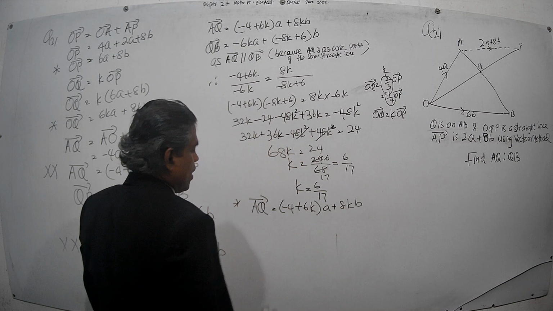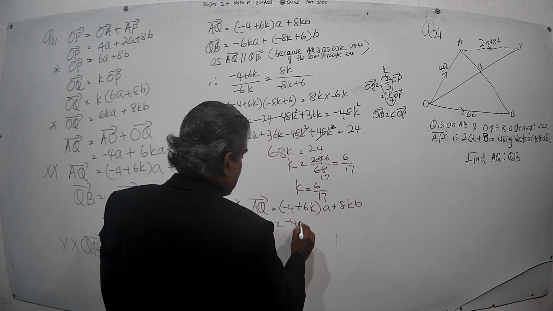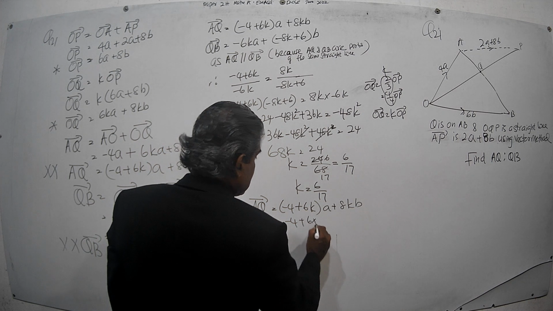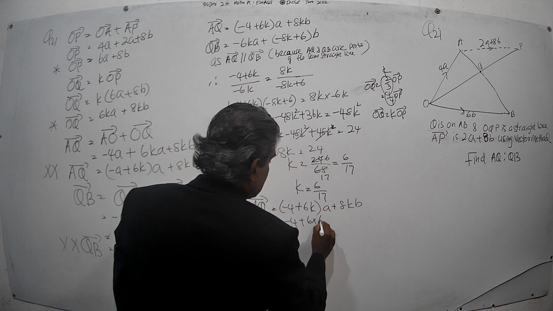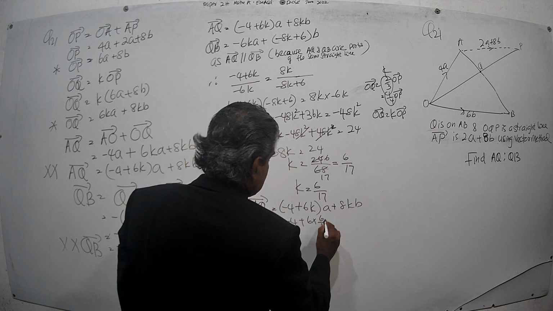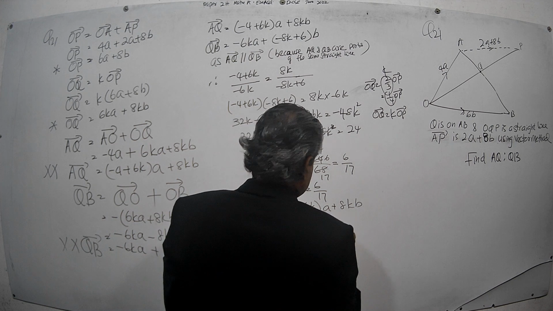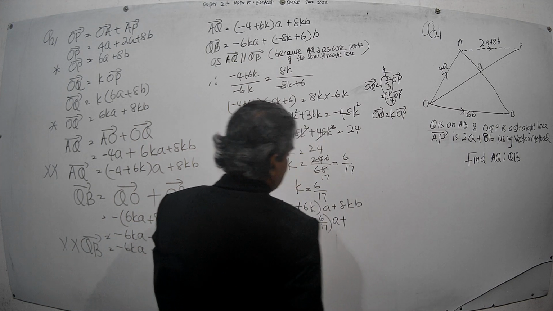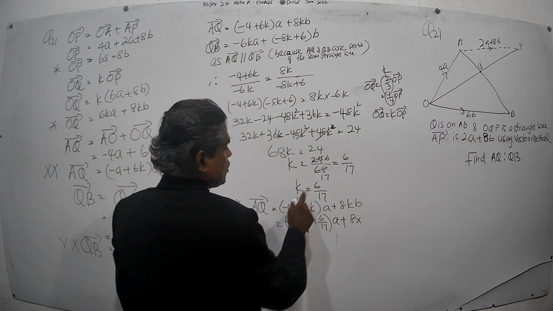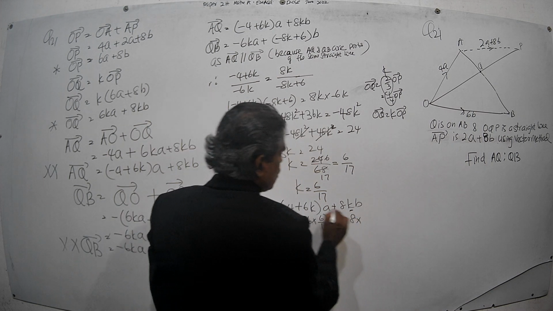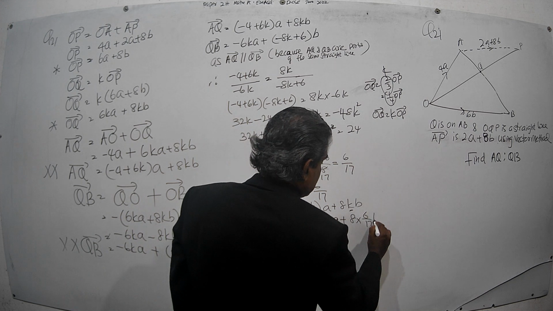Then we'll substitute the k value into this one. Then here minus 4 plus 6 into the k value, substituting k as 6 over 17. Okay, that is that part. And A plus 8 into k, which is 6 over 17, B.